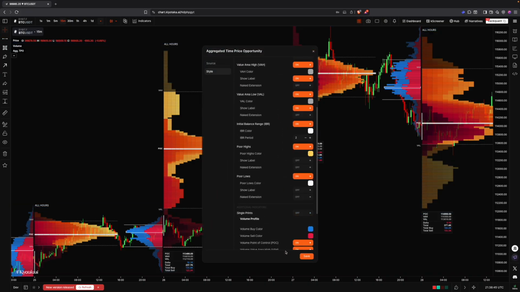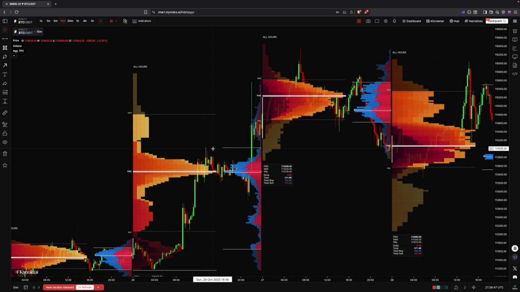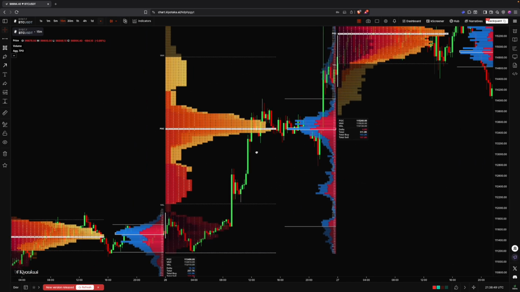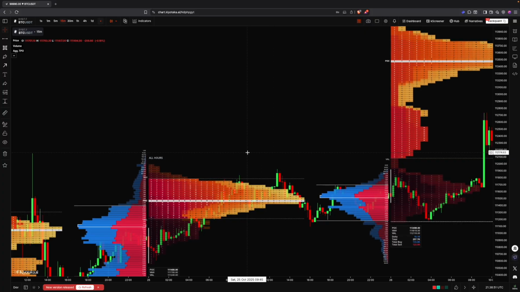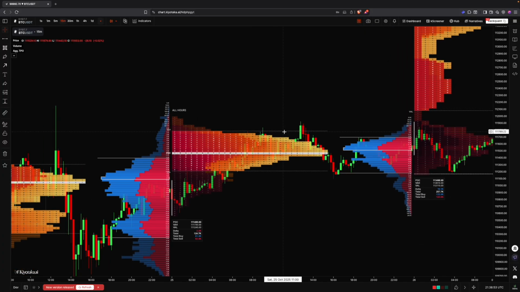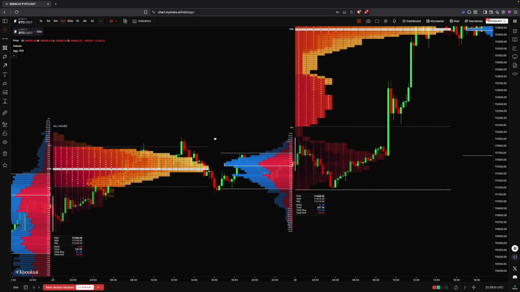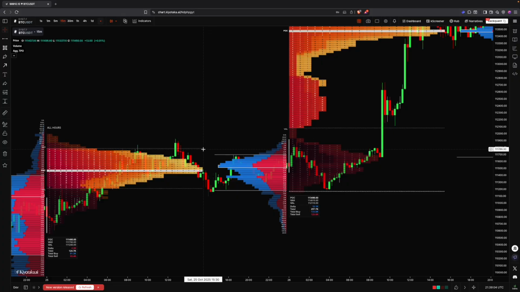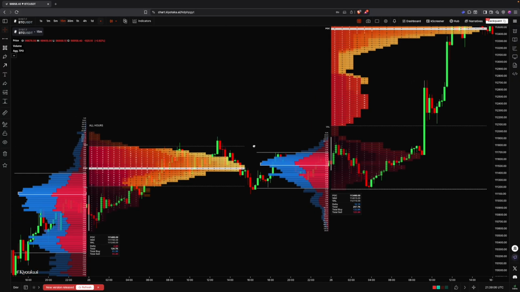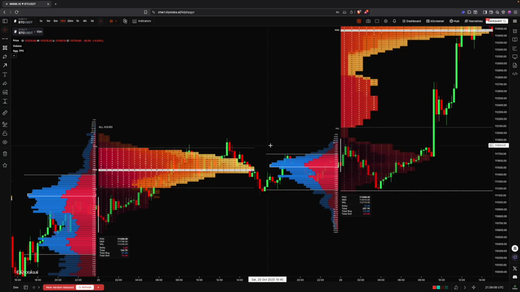If I just turn off single prints for a second, we'll talk about just fair value. When you're looking for trades, you want to look for the highest probability reactions. And if you're trading a breakout, for example, you've got to look for high probability targets. That makes sense; they're rooted in logic.